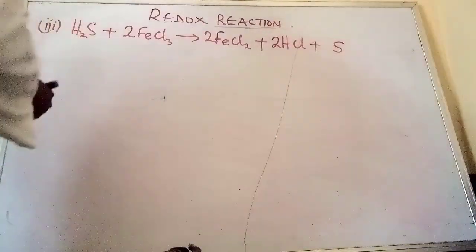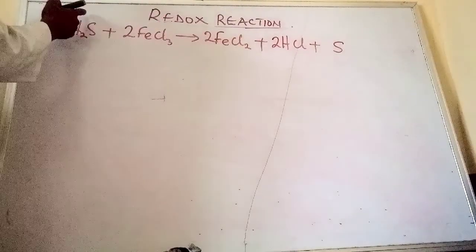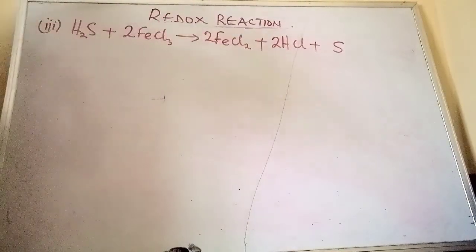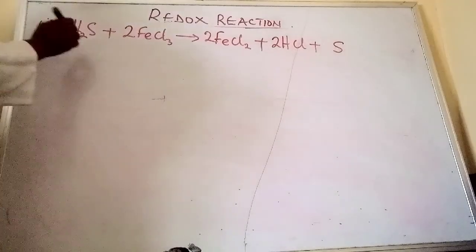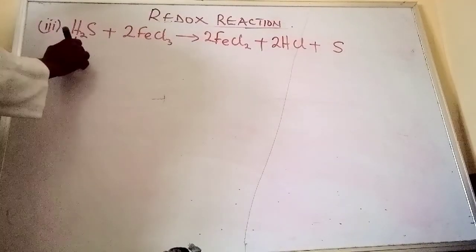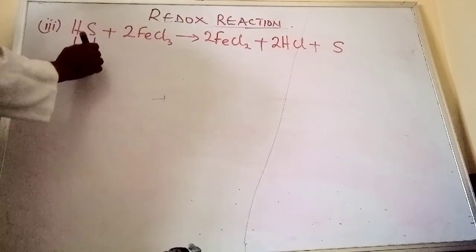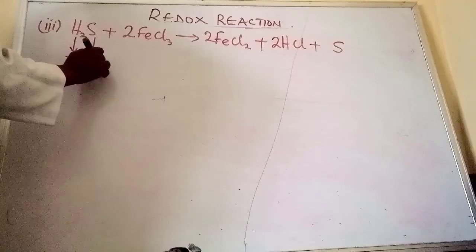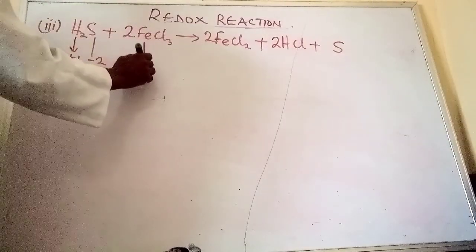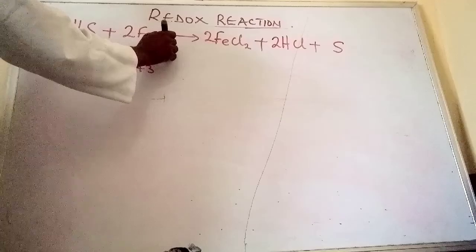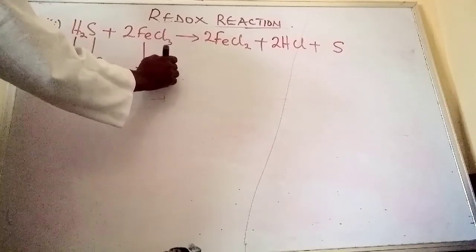Okay, the third question. If you use the knowledge acquired in my first video, part 1, finding oxidation number, you will know that hydrogen has +1, sulfur is -2. Then iron, we have +3, chlorine has -1.